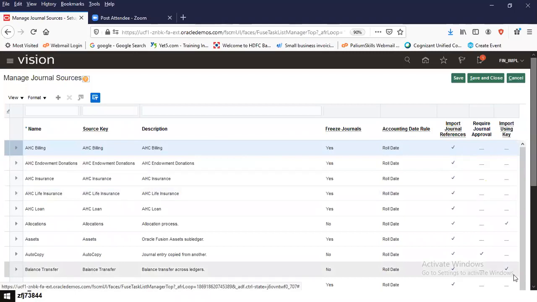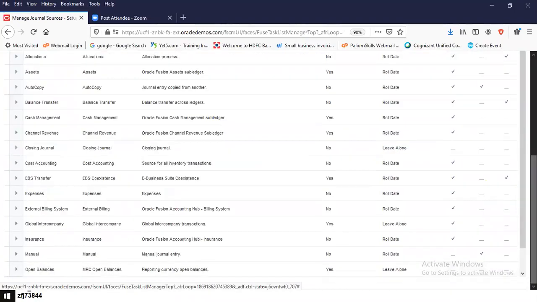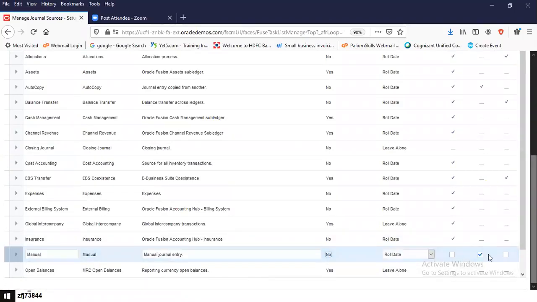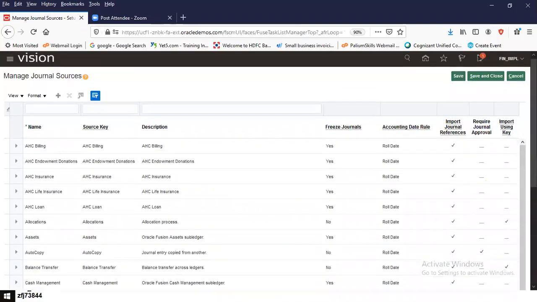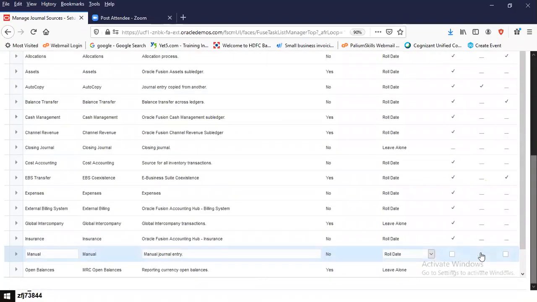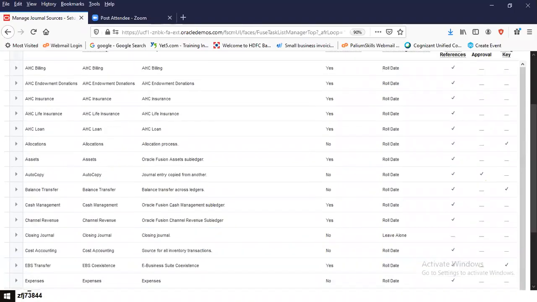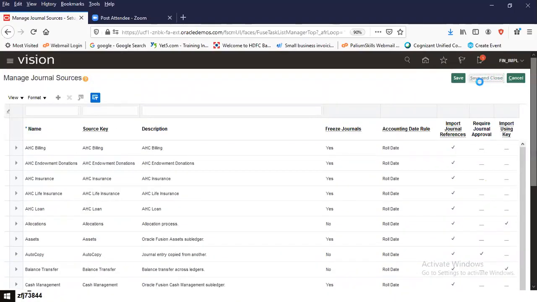So for the manual type, we'll say does not require. We'll switch off the, if it is already manual. Right now it is enabled, right? See, require journal approval. We can set that off to not require journal approvals. So the moment we save it, it will get saved.